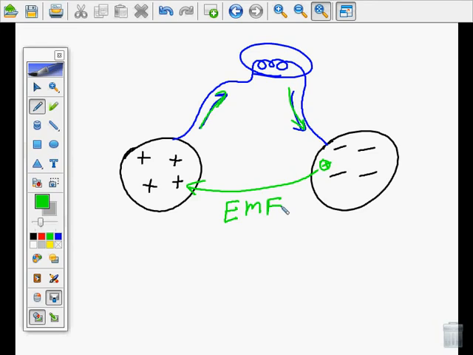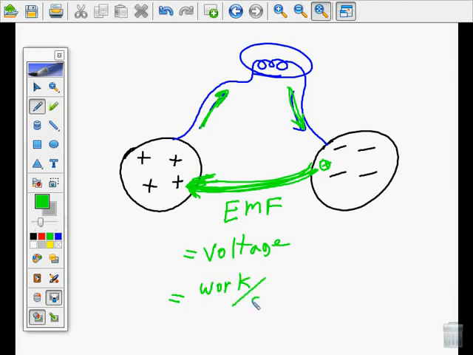And that takes work, because it's not easy to keep putting those positive charges back. Oh my goodness, I've got to keep putting them back just as fast as they naturally go over and go through the light bulb. So EMF, remember, that's just a voltage source. And remember, voltage is just the work done per charge.